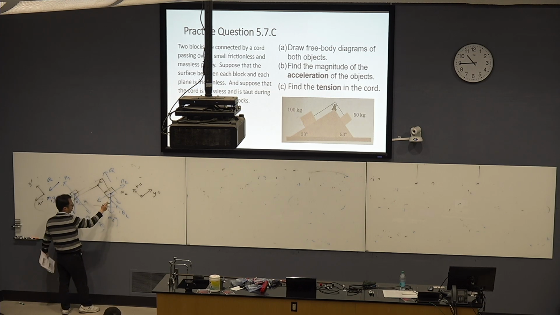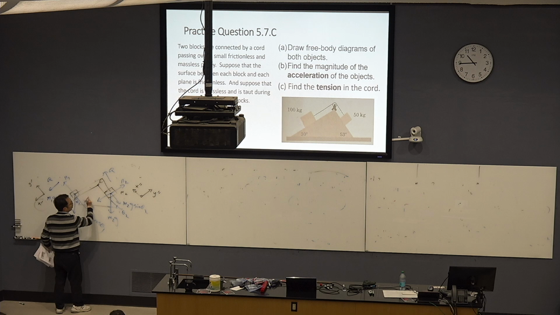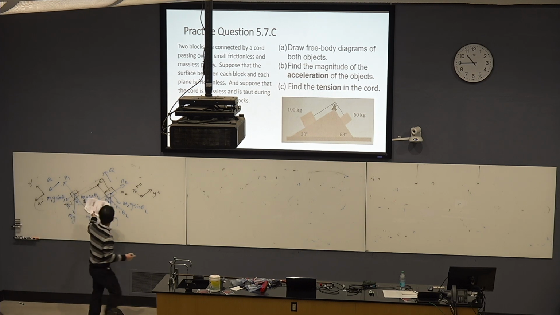So then this component is called M2G sine theta 2, and this component here is called M2G cosine theta 2. Because if this is theta 2, then this is theta 2. Then you should consider this right triangle. Okay? So this is M2G cosine theta 2. Right? So it's a bit complicated.